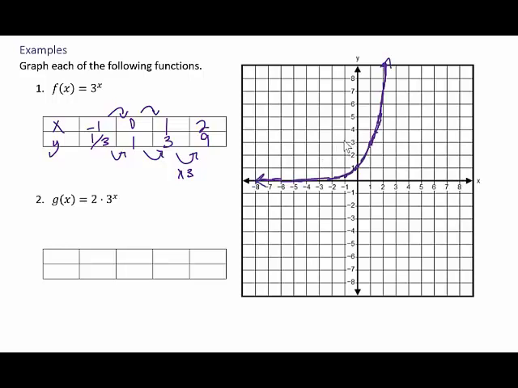For a moment, let's take a look at the domain and range of this function. I can select any x value and plug it into the function equation to produce a corresponding y value. Even a number like -1,000: 3 to the -1,000 is a number that's very close to 0.